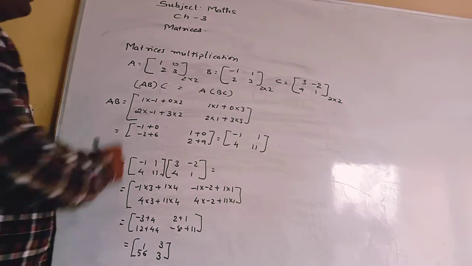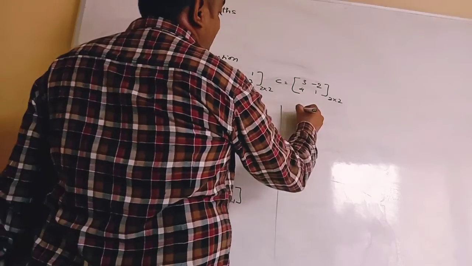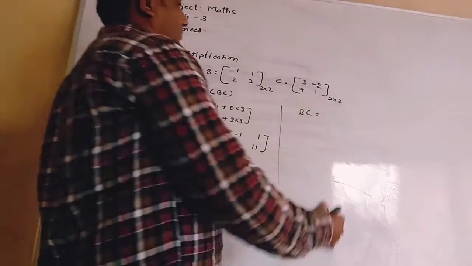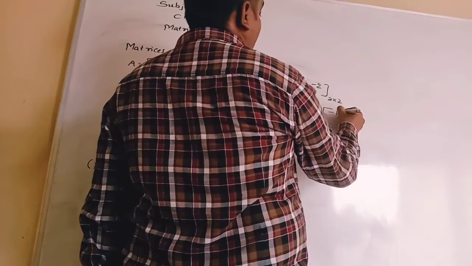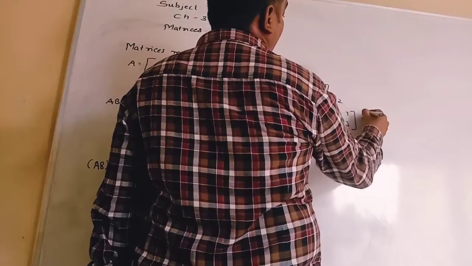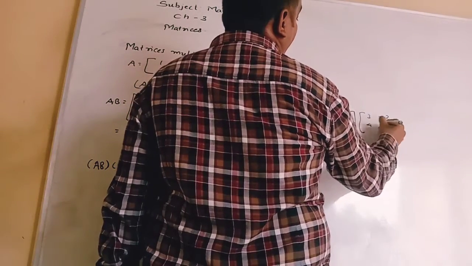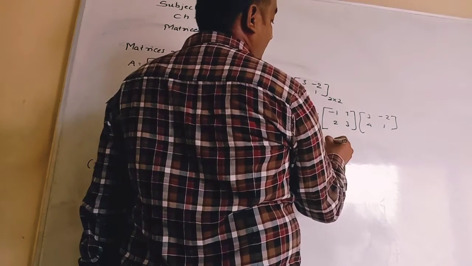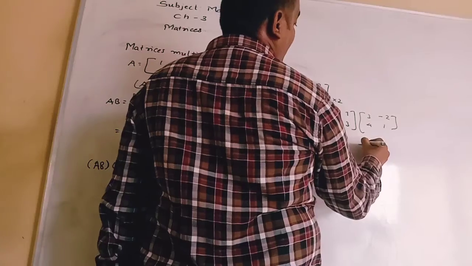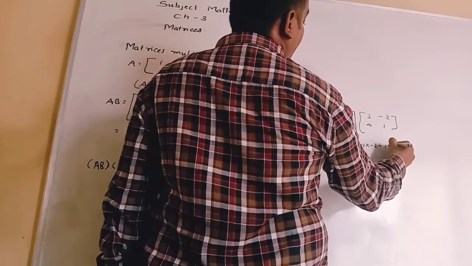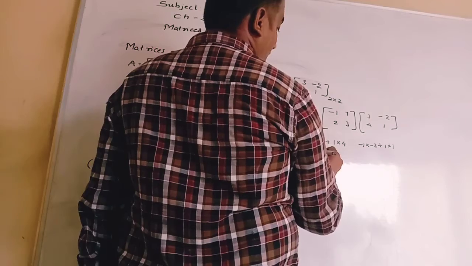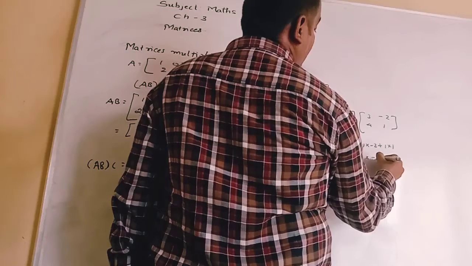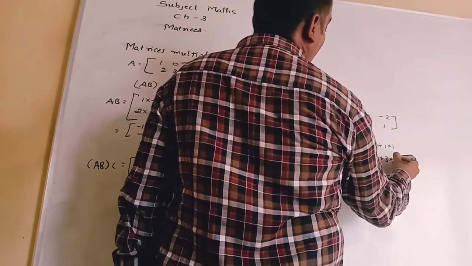Now we want to find out the right hand side. For the right hand side, first we calculate BC. So it is -1 1 2 3 into 3 -2 4 1. We take the multiplication: -1 into 3 plus 1 into 4, -1 into -2 plus 1 into 1, 2 into 3 plus 3 into 4, and 2 into -2 plus 3 into 1.